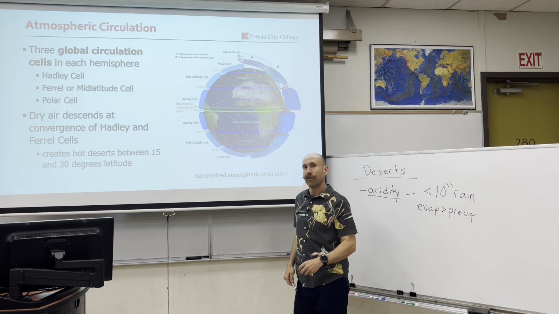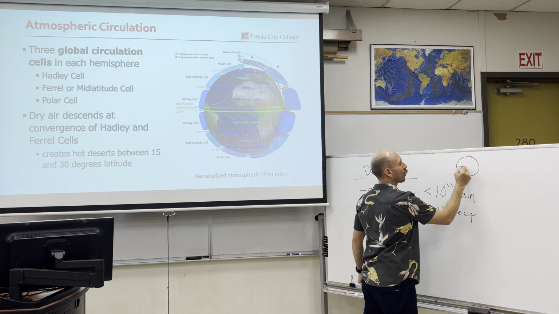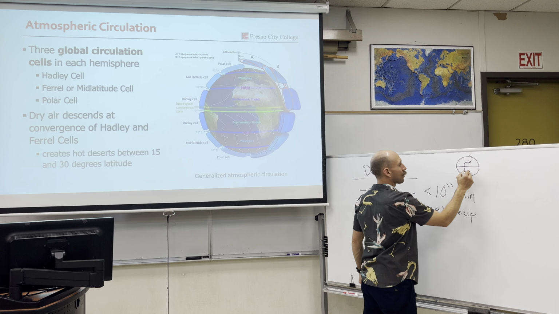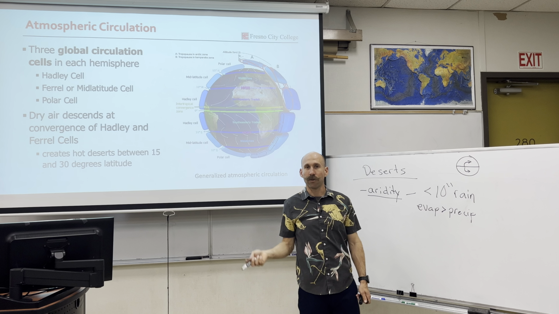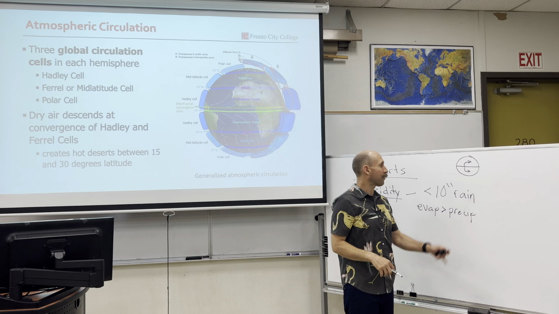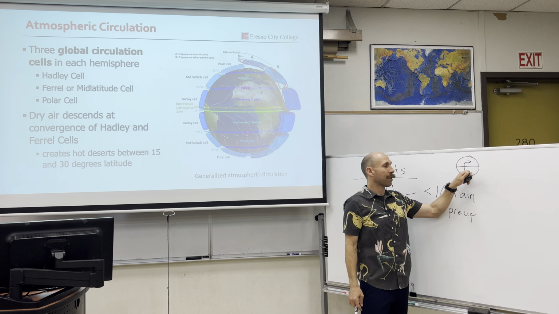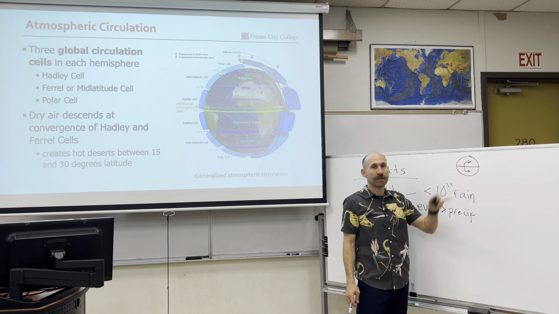What we haven't explained is that because the Earth turns, there's this effect called the Coriolis effect. To the right in the northern hemisphere, to the left in the southern hemisphere. I have other videos that explain this in depth. But for now, hot air rises at the equator.